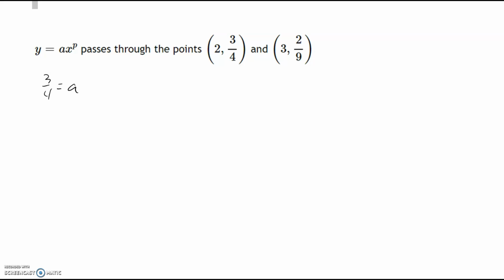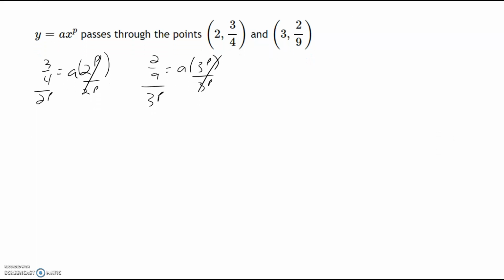3/4 equals a times 2 to the p, but also 2/9 equals a times 3 to the p, and I could solve for a in both cases by dividing. Okay, and then I equate those two things.